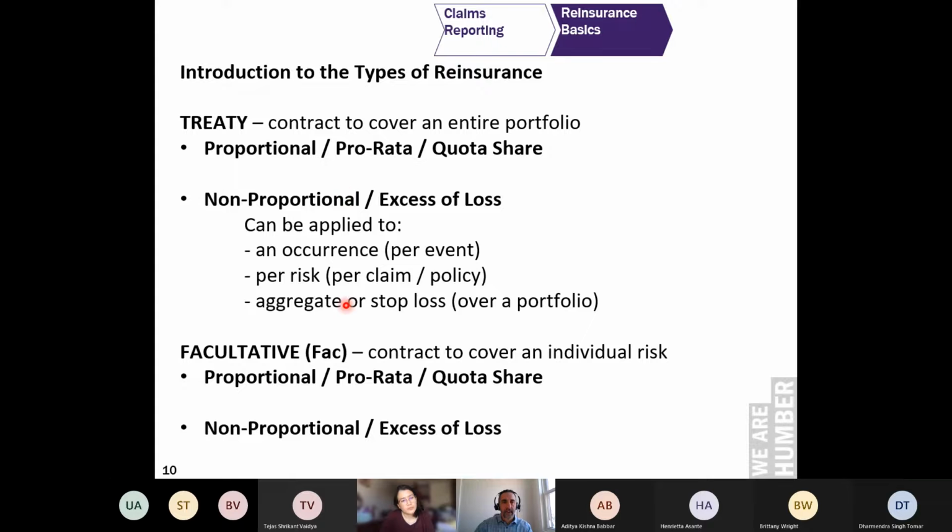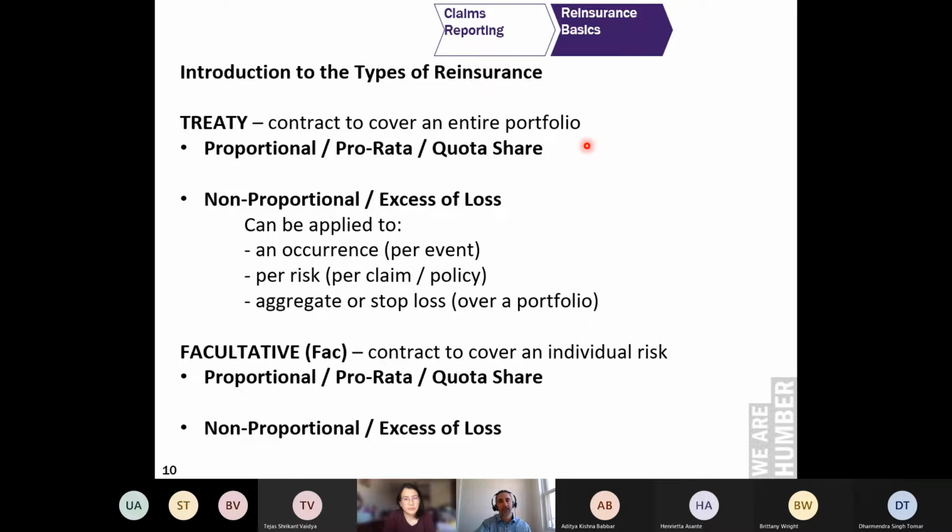Okay, so FAC could have quota share or excess of loss, and a treaty agreement could be on a quota share basis or excess of loss basis. What this means is, if it's proportional or pro rata or quota share, all those mean the same thing. That just means the insurance company and the reinsurer are sharing the premiums and the claims in the same percentage.